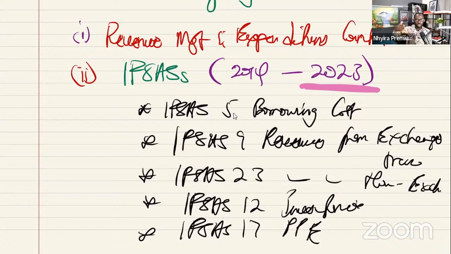So I think it's because of the phased implementation. By next year, hopefully, all the entities would have migrated to prepare their accounts on the accrual basis. So it is not that they are not adhering, it is the implementation of the accrual basis in a phased stage. That is why it is done that way. Okay, thank you, sir. All right.